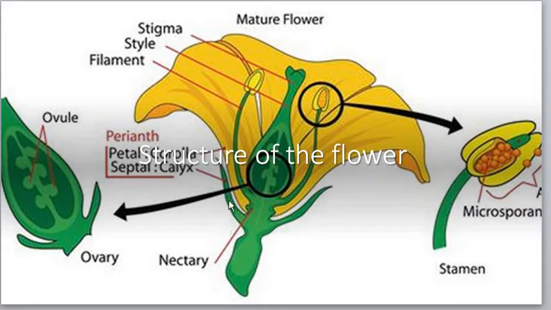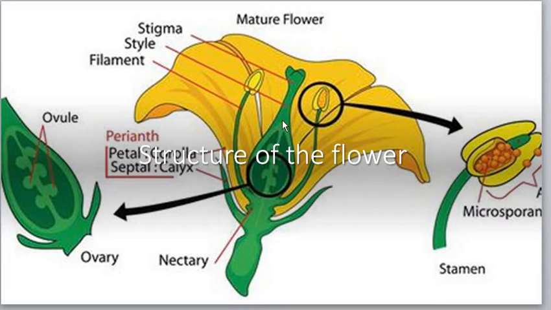Also, we have the green part, which is called the sepal, and many sepals together are called the calyx. Then the colored part is the petal, and petals collected together form the corolla. Also, we have the male reproductive organ, which is called the androecium, and it's divided into the anther and the filament.